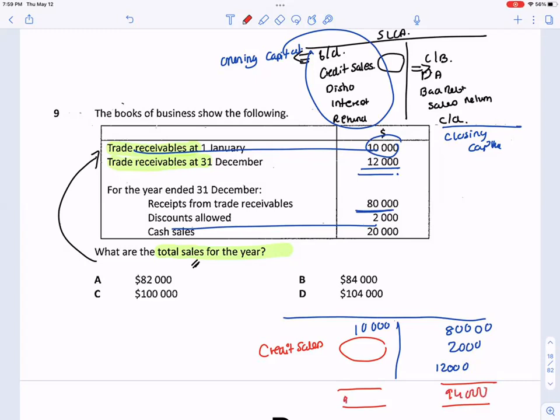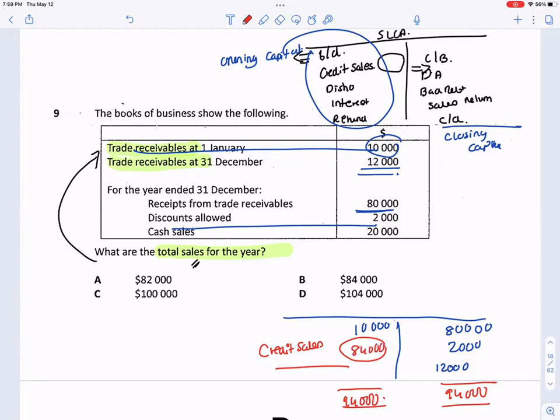What is the credit sales? 10,000. 84,000, you have to find out credit sales. Okay, so 94,000 minus 10,000, which is 84,000.